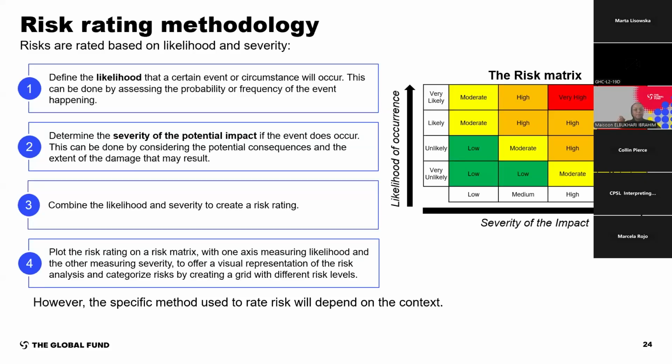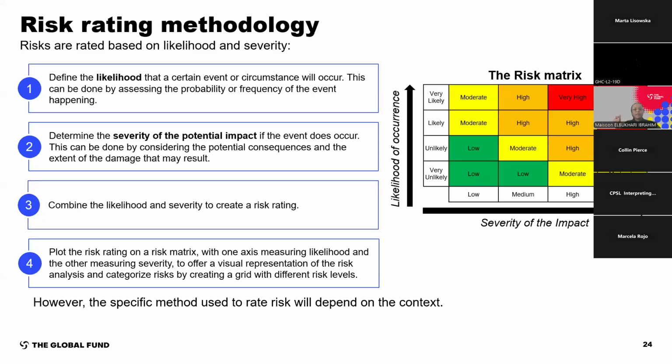So for example, in certain countries, we have experience of seasonal flooding. It's highly likely or very likely that by August, we will see floods. When that happens, facilities become inaccessible. And in some cases, we also face destruction of commodities due to poor storage conditions.